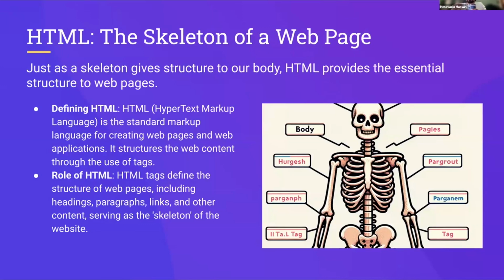If you've done the exercise with Pharrell's Happy page, you saw how the structures you put in set up the bones for your page. So again, think of that as your skeleton.